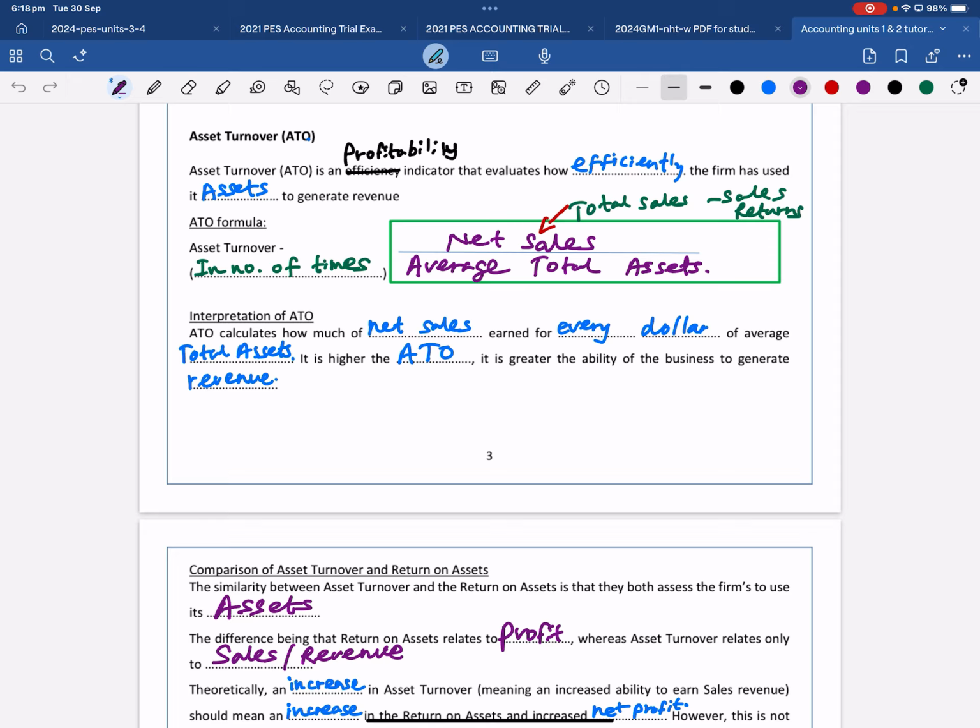But there is an exception, guys. In the textbook they haven't indicated it, but I'm just telling you for your information. We can't say always greater the better, there is an exception. The exception is that if the business makes a larger proportion of its net sales on credit, then there will be a problem.